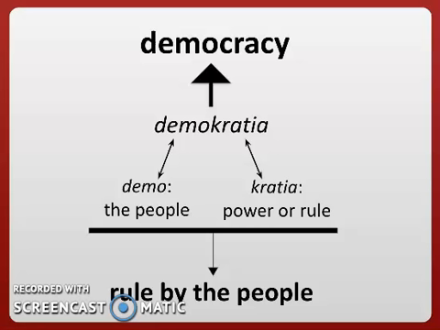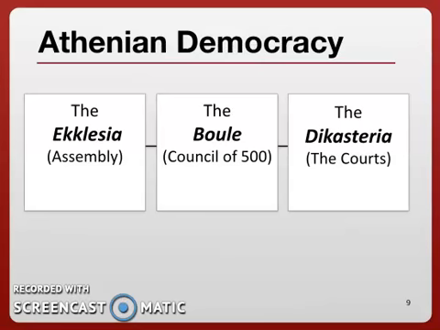So it means rule by the people is the literal translation of the word democracy. In Athenian democracy, they had the assembly, the council of about 500 folks, and the courts. So 3 branches, one might say, of government.